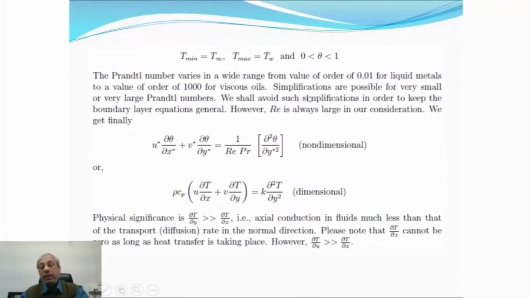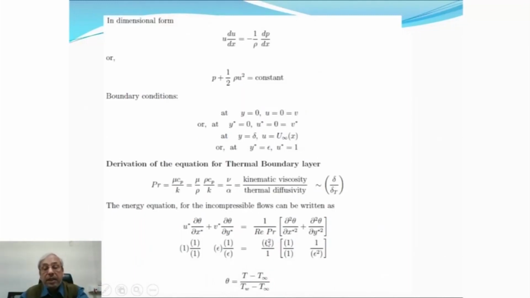Now, for higher value of Prandtl number, this order will not change. For Prandtl number in the range of 1, 0.6, 0.7, 5, 6, 7, 10, basically, 1 and greater than 1 is not a problem.